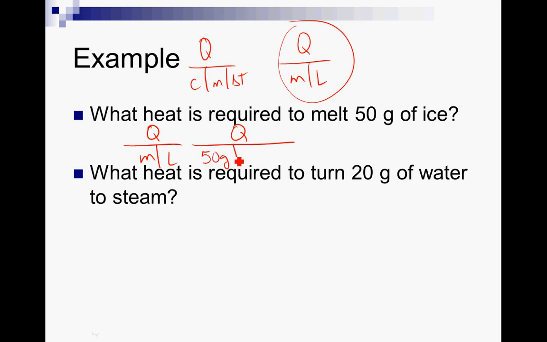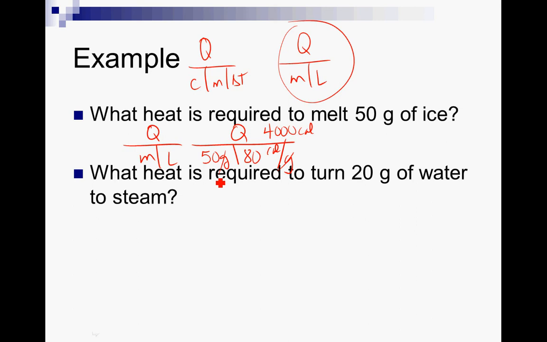Well, if I'm melting, that's latent heat of fusion, which was 80 calories per gram. So 80 times 50 is 4,000. It takes 4,000 calories to melt 50 grams of ice.